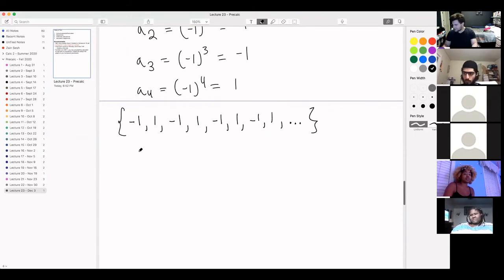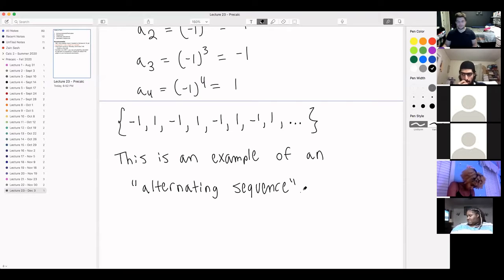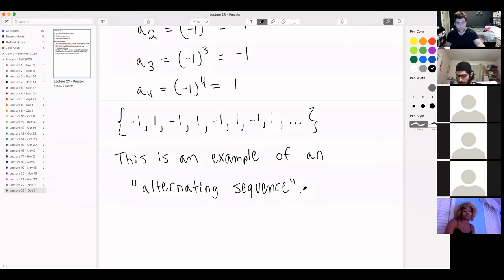All right, so just a quick piece of terminology. This is an example of an alternating sequence. Okay. The reason why it's called that is because the sign, the positive and negative sign, is alternating between the two. Pretty good.